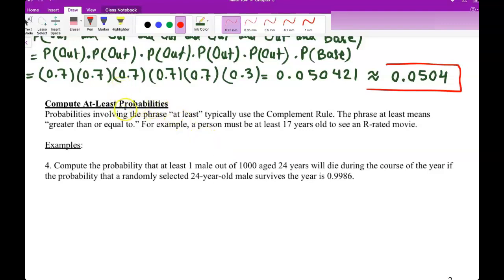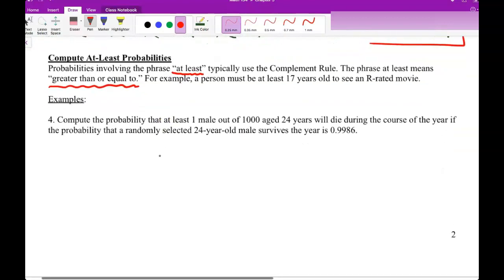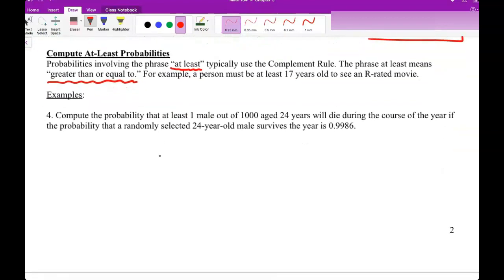Now next part, compute at-least probabilities. When we have at least, it means greater than or equal to. Now for an example, compute the probability that at least one male out of 1,000 aged 24 years will die during the course of the year, if the probability that a randomly selected 24-year-old male survives the year is 0.9986.